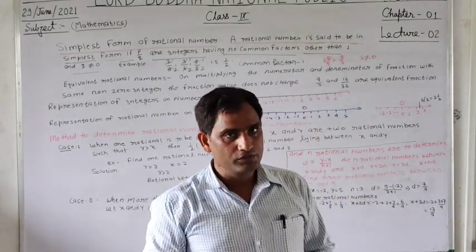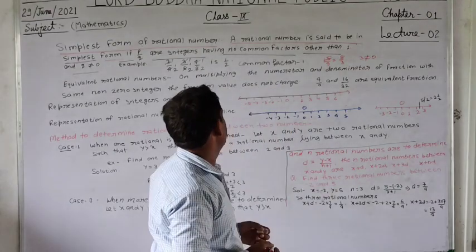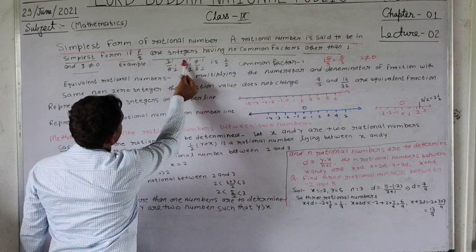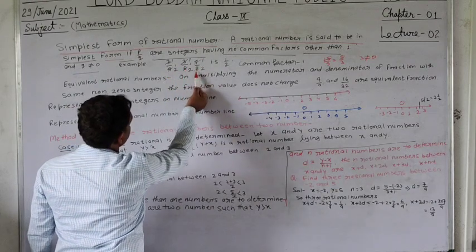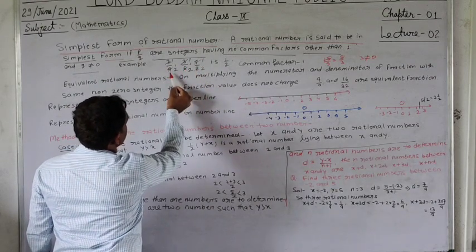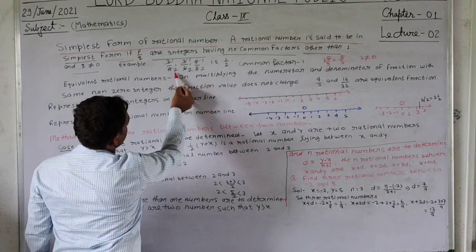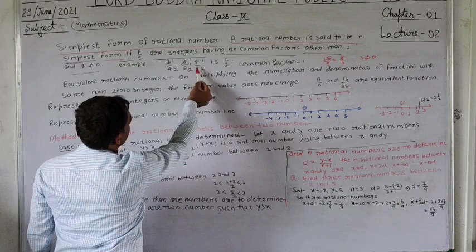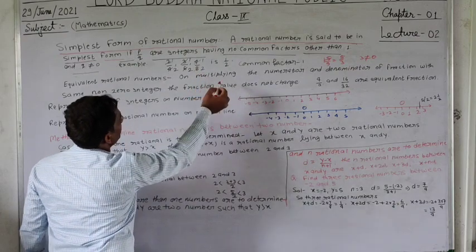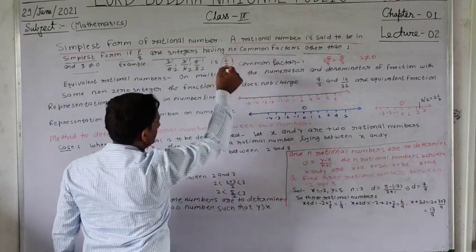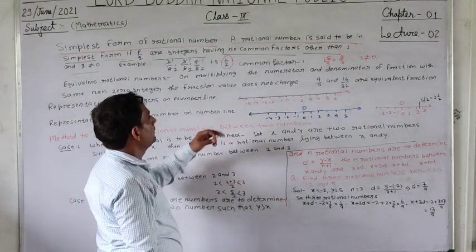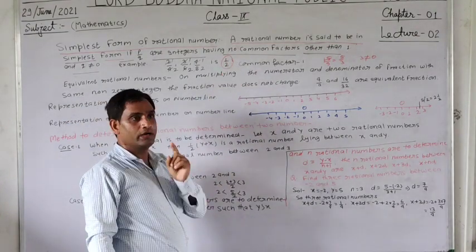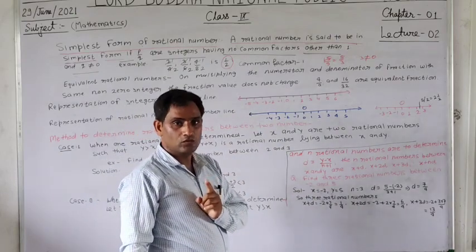Okay? We see that with an example. The fractions 2 upon 4, 3 upon 6, 4 upon 8. When we solve these fractions, we find the value 1 by 2. Here, numerator and denominator have only one common factor, which is 1.